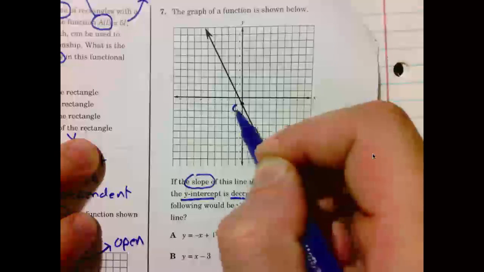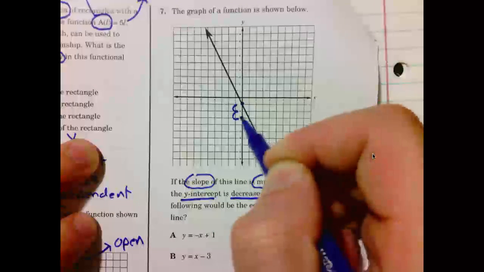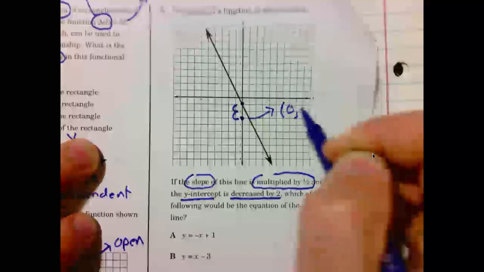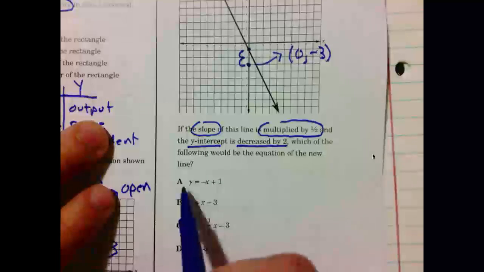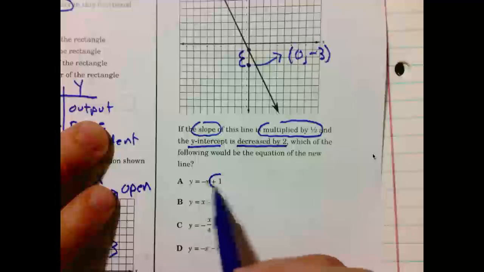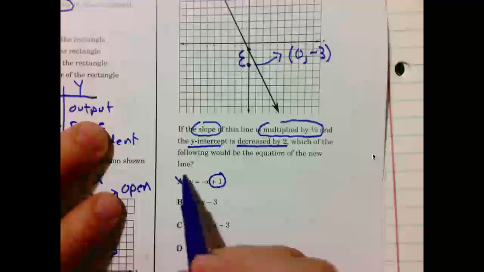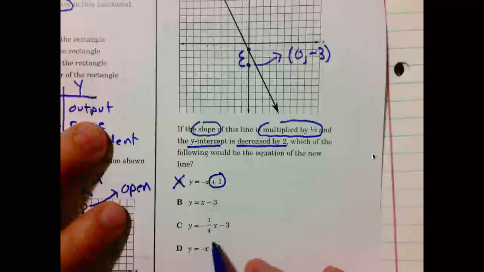So if we decrease that by 2, our new y-intercept would be at -3. 0, -3. Well, that eliminates answer choice A. We see it has a y-intercept of 1. So we're now looking at these 3 options.